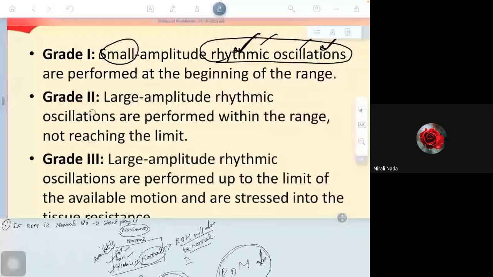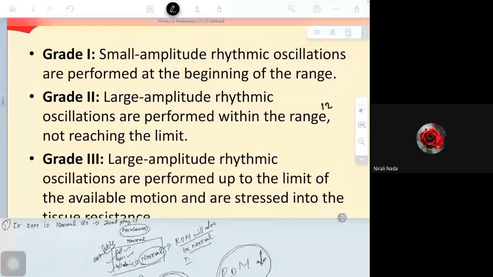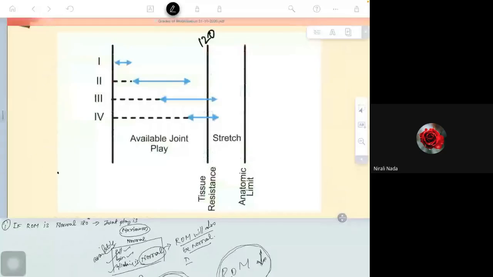We have taken the example of 120 degrees. Within the 120 degree range, not reaching the limit. What is the limit here? 120 is the limit. And you see, it has not reached the limit. It is within the range and not reaching the limit. Clear? That is the definition. Large amplitude, rhythmic oscillation performed within the range, not reaching the limit. This is grade 2.